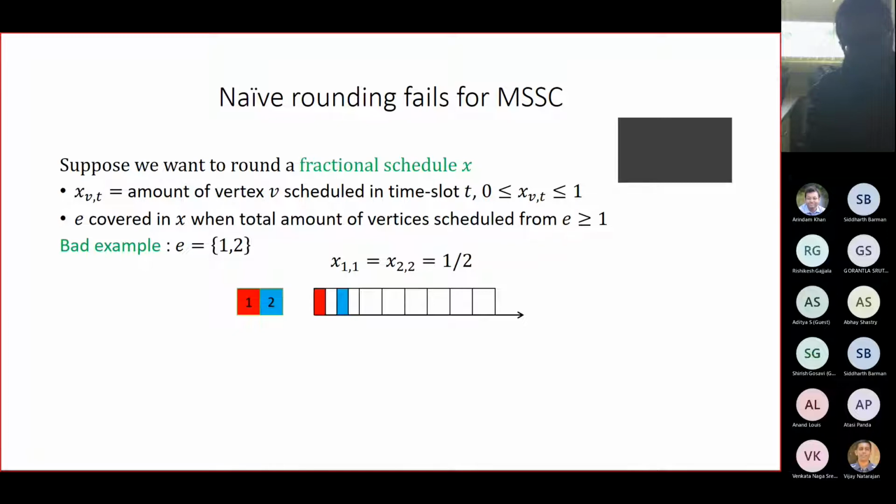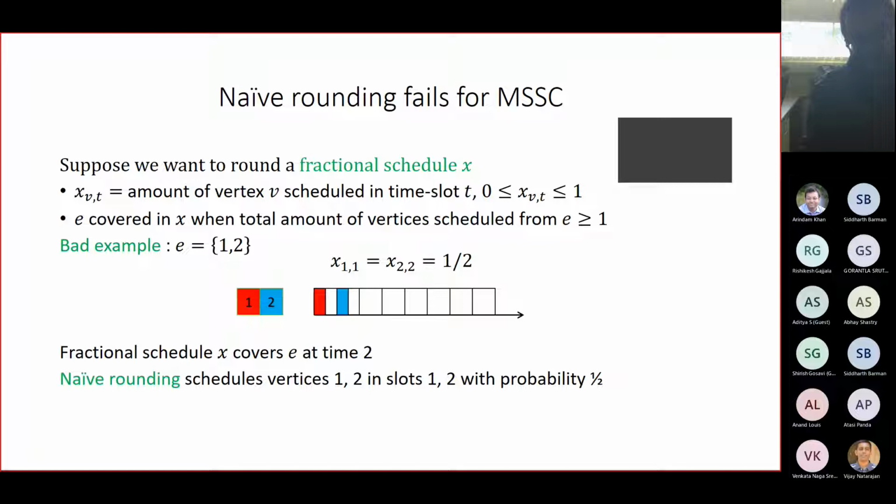Now let's see what would happen if I round this independently. First of all, notice that at time 2, this edge is covered fractionally, because half from the first vertex, half from the second vertex. So at time 2, I have covered this edge to an extent of 1. But independent rounding would schedule vertex 1 in the first slot with probability half, and vertex 2 in the second slot with probability half, independently.